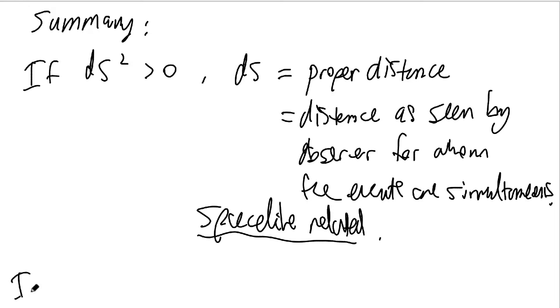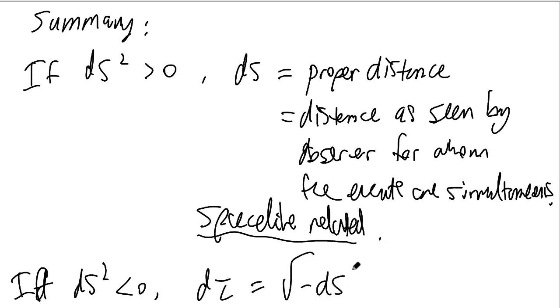Okay, if ds squared is negative, then we define d tau to be the square root of minus ds squared, and this is referred to as the proper time between events.